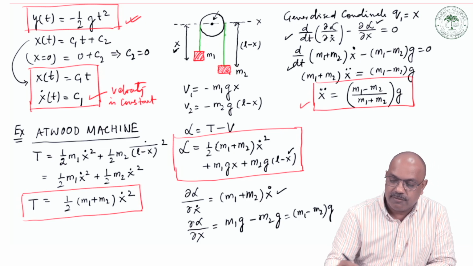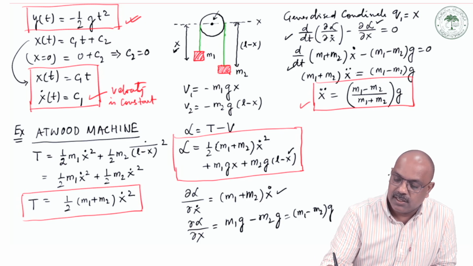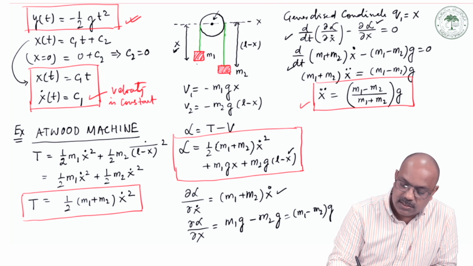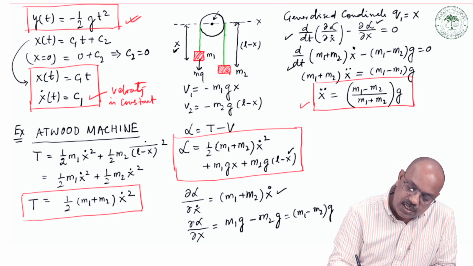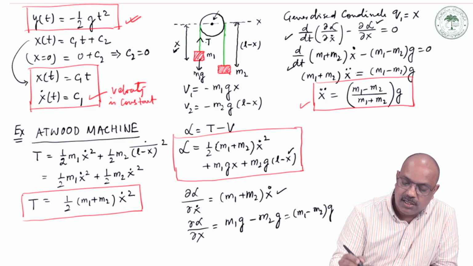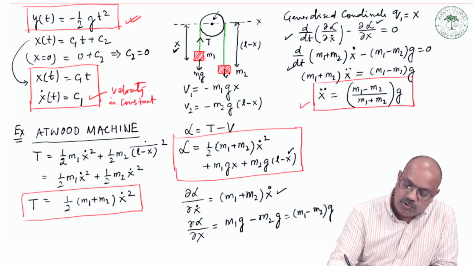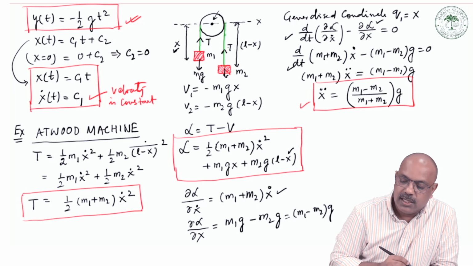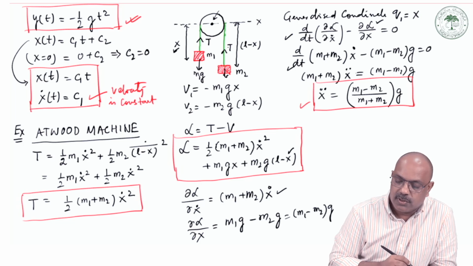Say this is mass m1, the force m1g is acting down, there is a tension here, and then m2 will be here, with a tension force.